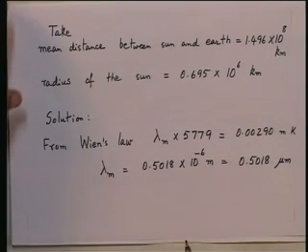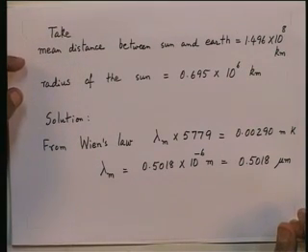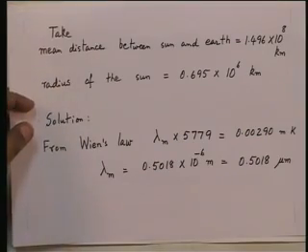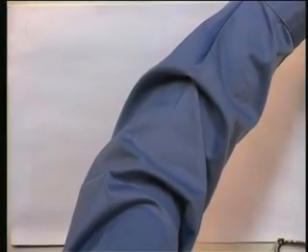Now, let us apply Planck's law. From Planck's law, we will get the value of E b lambda, and we want it at lambda equal to lambda m. So, let us put this value of lambda m which we have just found out.